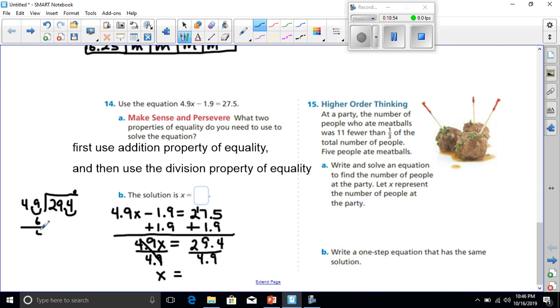So I'm hoping I get lucky here. I'll carry my 5, and 4 times 6 is 24. 24 plus 5 is 29. And look at that, I did get lucky. That fits into it perfectly 6 times. So 294, that leaves me 0 as a remainder. And so x has to equal 6.